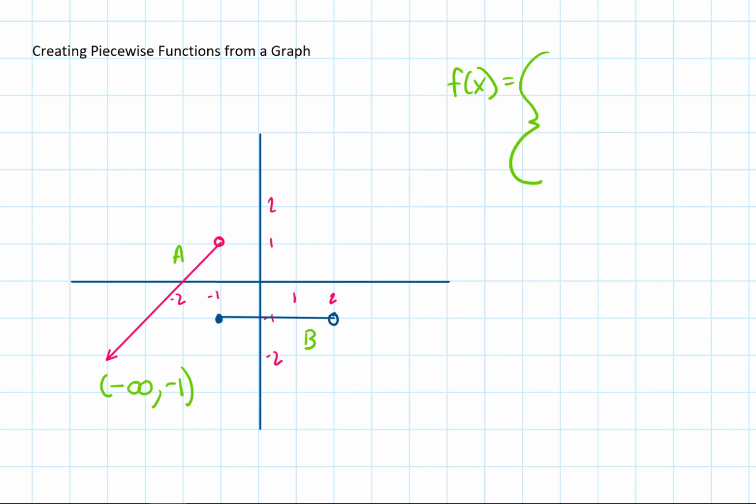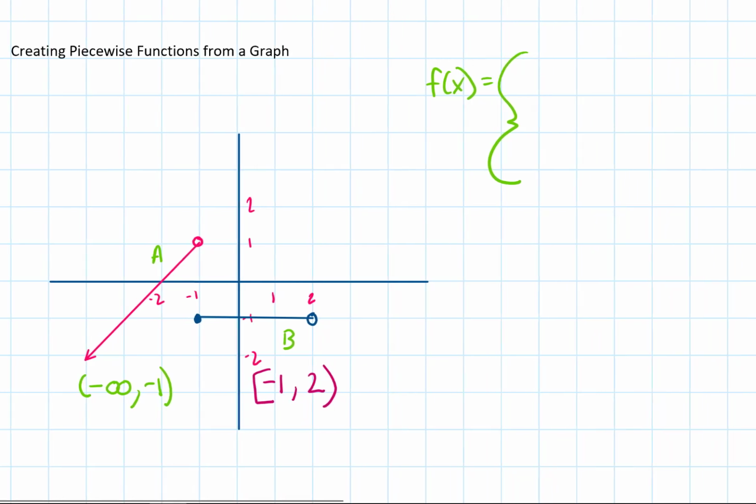For B, the domain starts at -1 and goes to +2. At -1, we have a square bracket because it's enclosed, and at +2, we have a round parentheses. So now I have the domain for each part of my piecewise function.